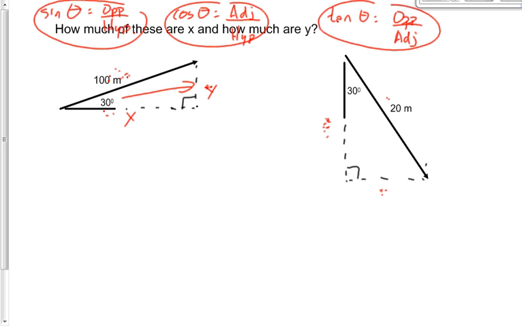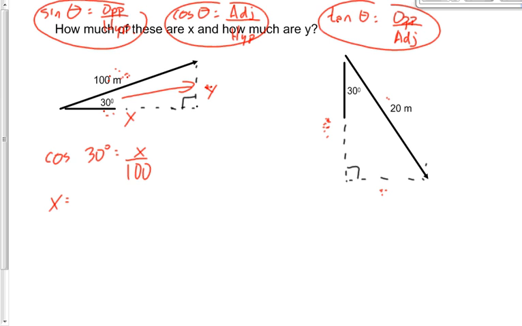If we're looking for adjacent, and we've got hypotenuse, which trig function do you think we're going to use? Cosine. Let's say cosine 30 degrees is equal to adjacent, which is x, over the hypotenuse, which is 100.